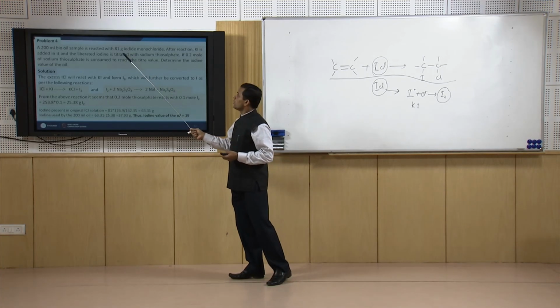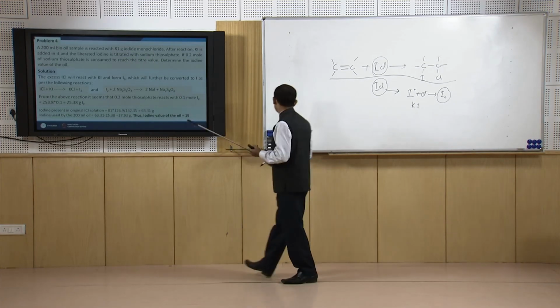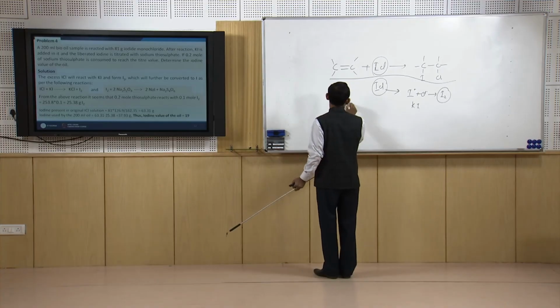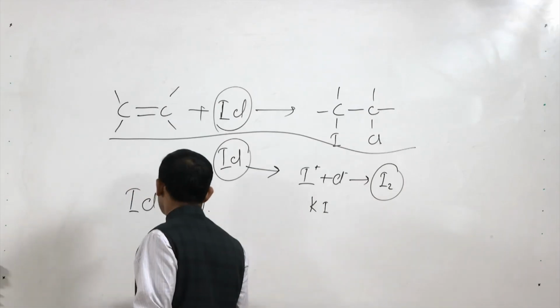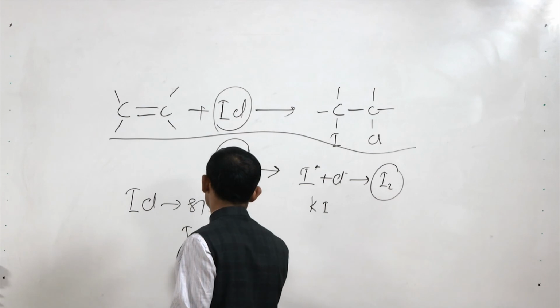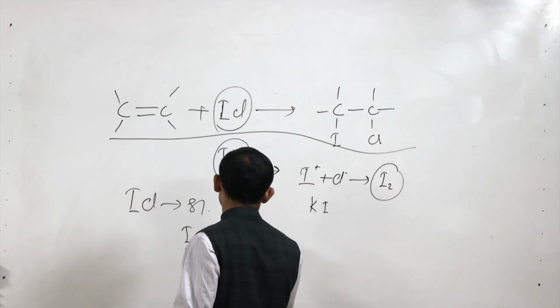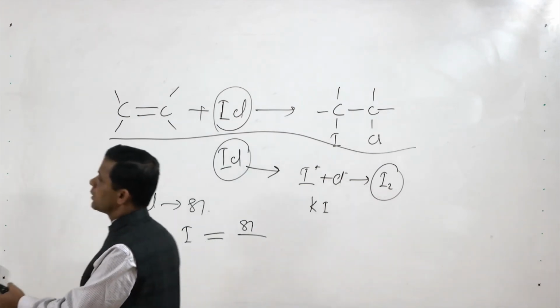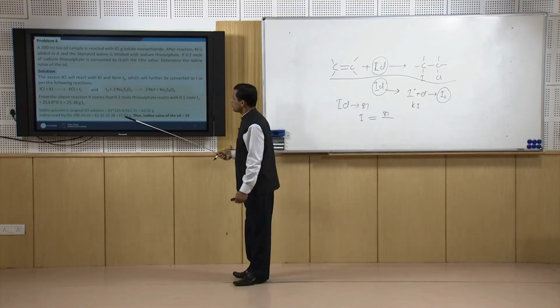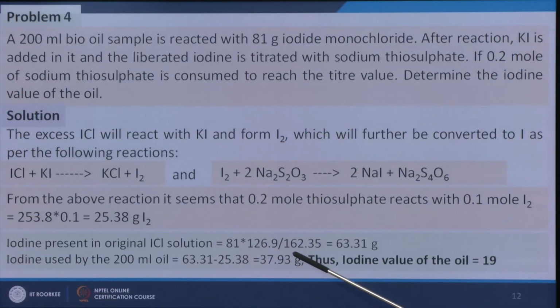That is 81 gram iodine monochloride. What is the iodine in it? That will be 81 times 126.9 divided by 162.35, which is equal to 63.21 gram.